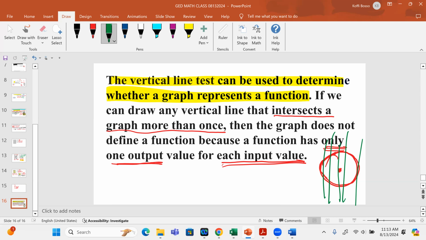So a circle is not a function. So it does not define a function.